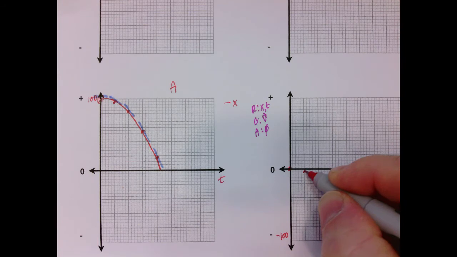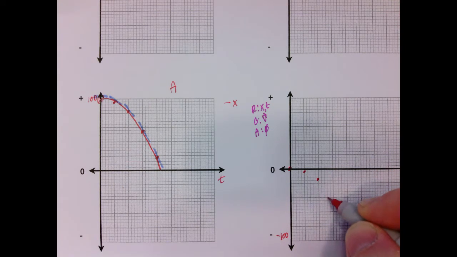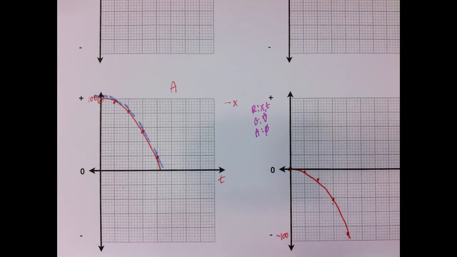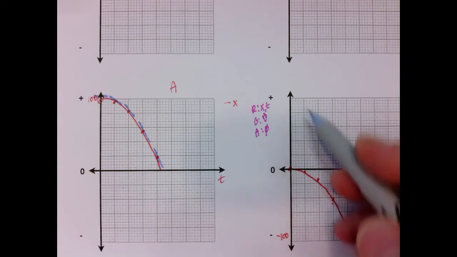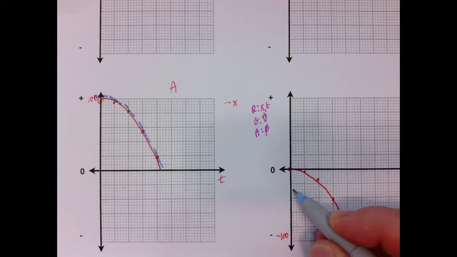Very little distance change in the first interval, more in the second interval, quite a bit more in the third, and even more still in the fourth. Our curve looks like so. Again, a negative shifted parabola, the only difference being the intercept. Now, we can read x and t the same way. We have a time, we can come down, and we can read a position.